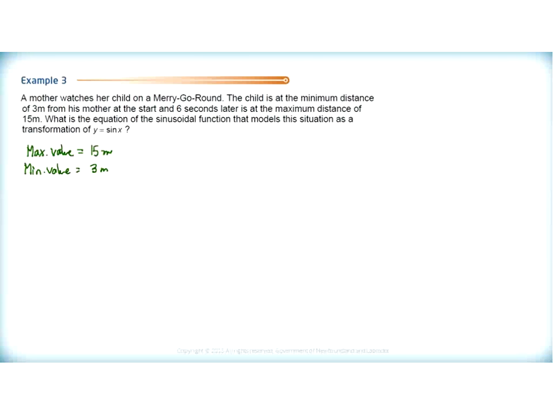So we are told that it's a maximum distance of 15 meters, and that the child is a minimum distance of 3 meters from his mother at the start. If you know the maximum and the minimum values of the function, that will enable you to determine the equation of the sinusoidal axis as well as the amplitude of the function.